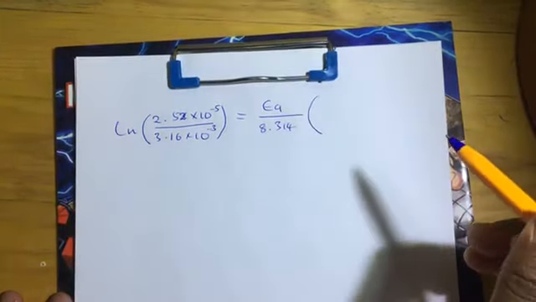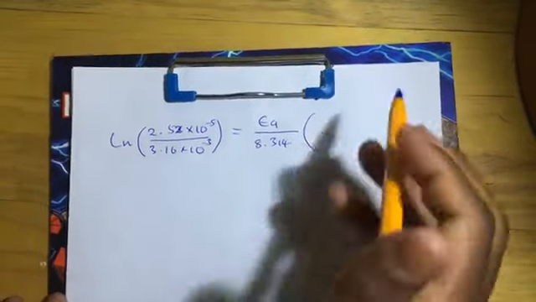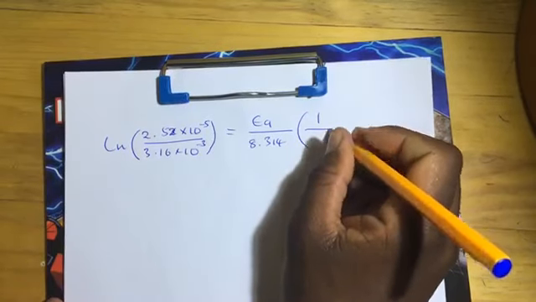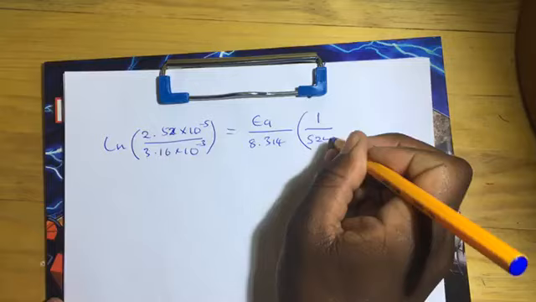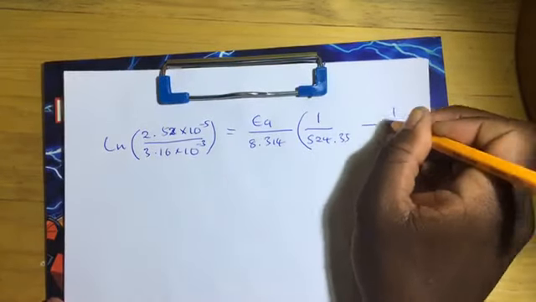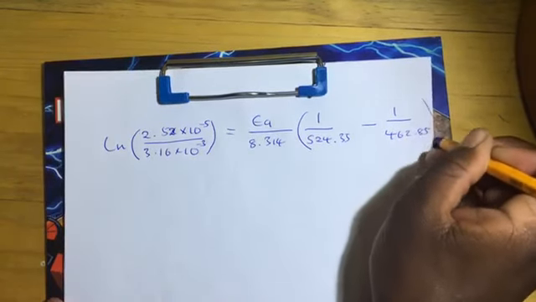Yes, data will be provided; you'll be given what to use. Multiply by 1 over T2, 524.35, minus 1 over T1, 462.85.